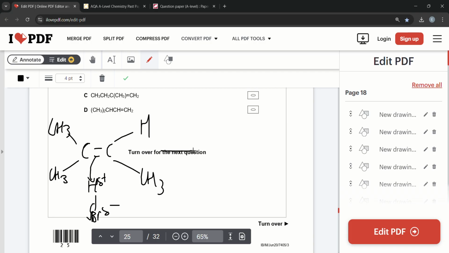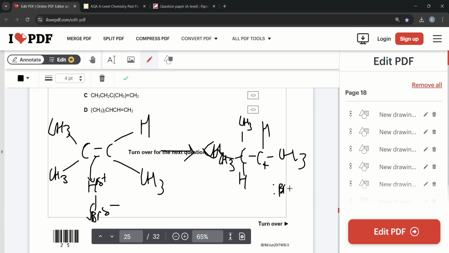We get C, CH3, CH3, H, CH3, with a positive charge, Br minus, and a lone pair of electrons bonds to it, right? CH3, C, CH3, H, CH, CH3, Br.